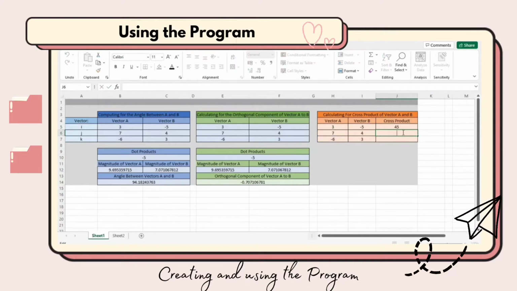So in here, for J, we can just type negative, multiply AXI to BZK, then minus the product of AZK and BXI.